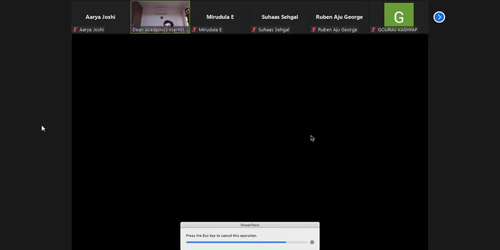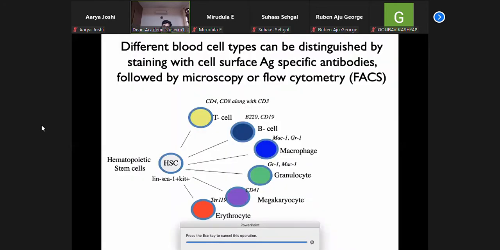And then you also have these cells which express, based on high or low levels of these two molecules, Mac-1 and Gr-1. So you call them either macrophages or granulocytes, right?